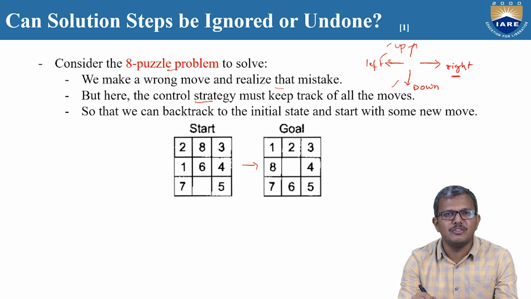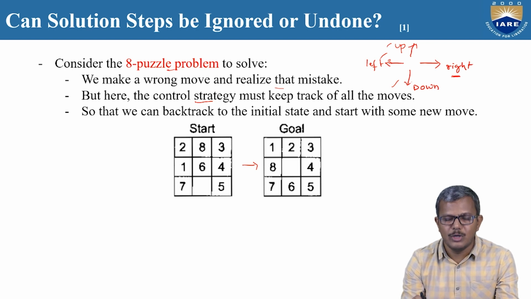Whenever such tracking is there, you can simply come back and perform the other legal moves. So coming back and trying to take the other move is nothing but backtracking.